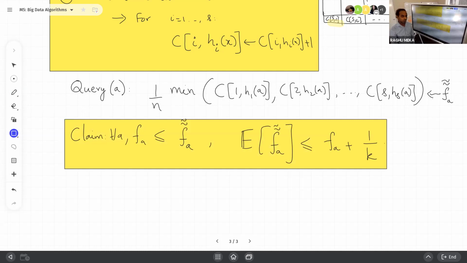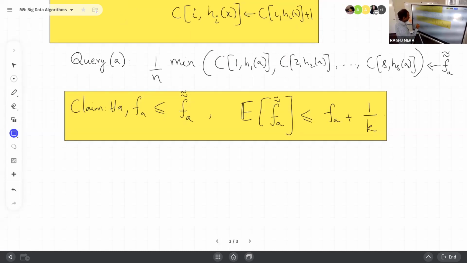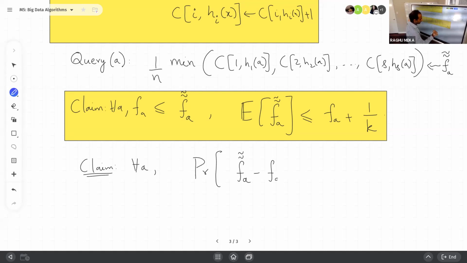Okay? But what changes is the reliability. Right? So I want to look at the probability that my estimate is more than 2 over k.